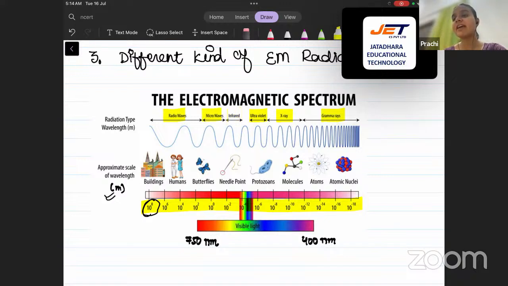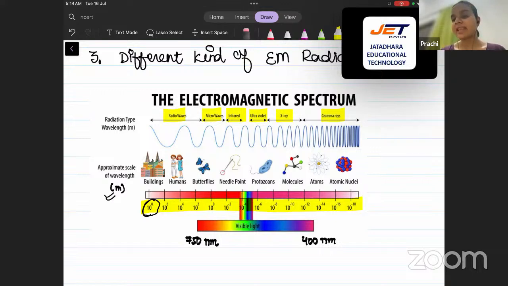And then we have infrared waves. Any heated object will be emitting infrared radiation, for example, our body. Infrared radiations also we can't perceive with our naked eyes. But yes, we have certain instruments, certain detectors which will detect the heat.